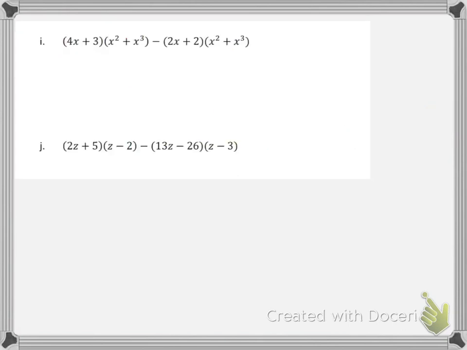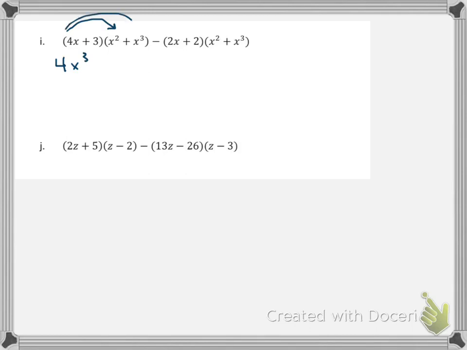Okay, a couple more. Well, before I can factor anything out, I need to simplify as much as possible. So for this one, I've got 4x times x squared. That is 4x to the 3rd.